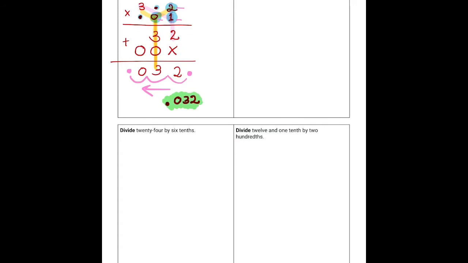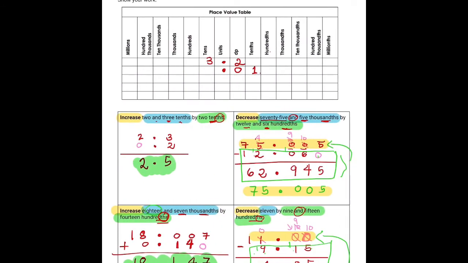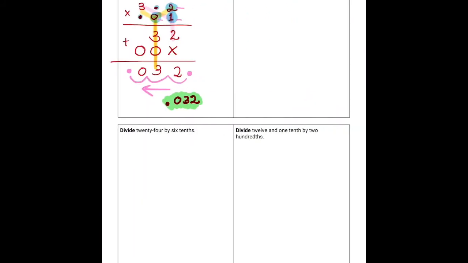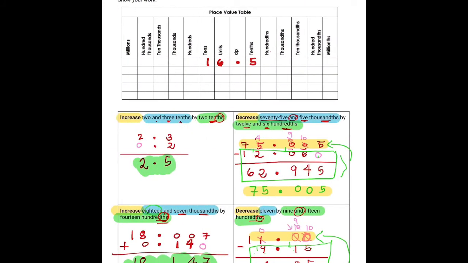Okay, so let's try the next one. It says, again, multiply. What do I multiply? 16 and 5/10. So how do I write that? 16 and 5/10. And then multiply it by 2/10. Okay, how do I write 2/10? Now we know it's a decimal because it has THS.